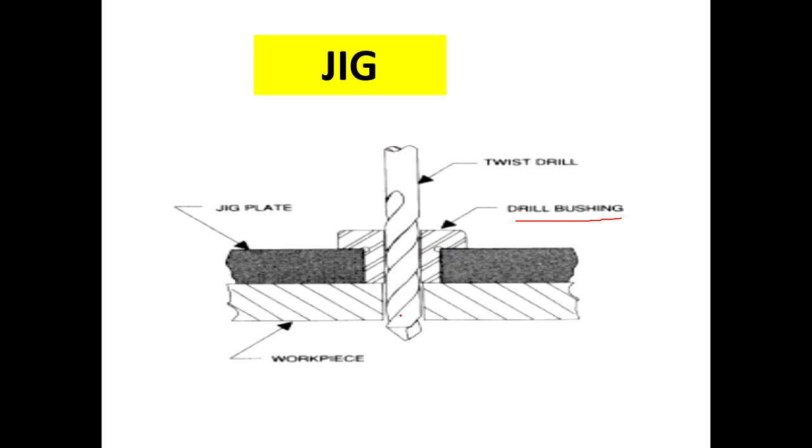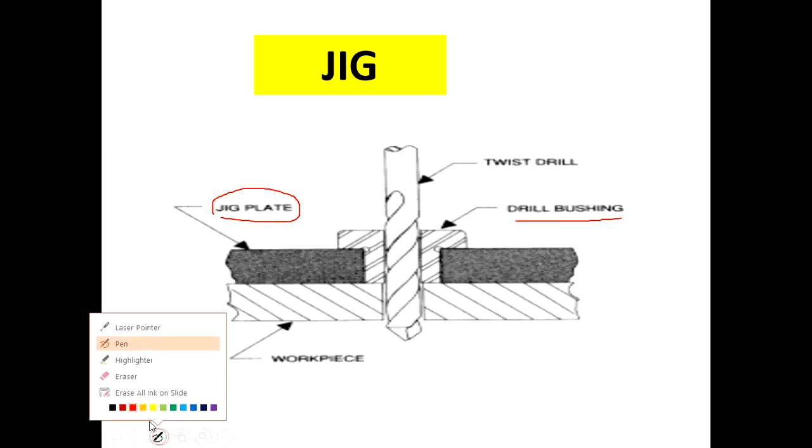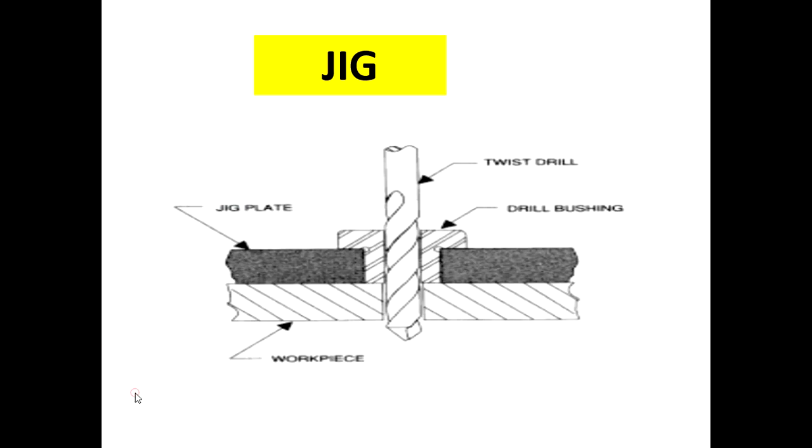In this way the drilling operation is performed, and the bush is installed in the jig plate, which is mounted over the workpiece surface. So this one is the jig plate, and in this jig plate the bush is installed, and the drill will first pass through the bush and then go into the workpiece for the drilling operation. So in this way the bush is serving as a guiding member for the cutting tool.